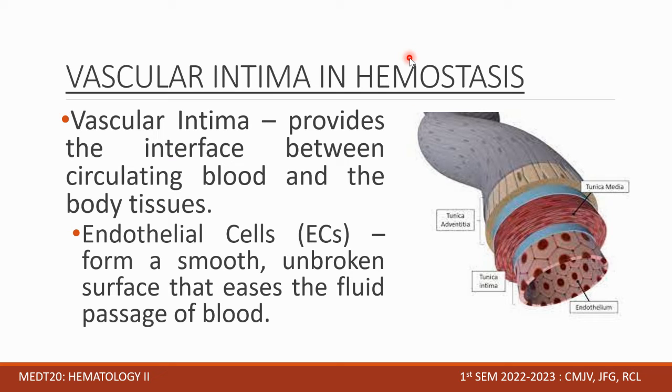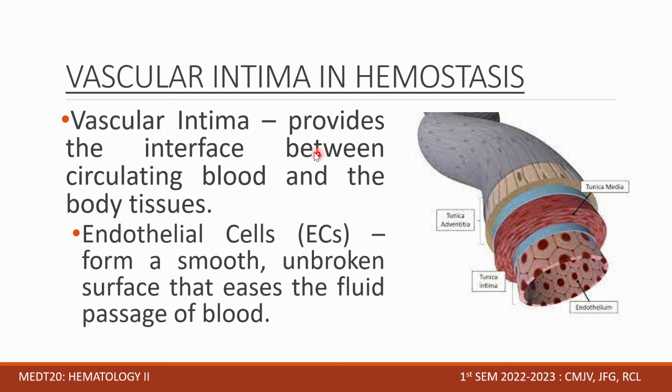So, what is the role of the vascular intima in hemostasis? The vascular intima or the tunica intima is the innermost layer of our blood vessels. Again, on review, we have three layers ng blood vessels: your tunica intima, your tunica media, and your tunica adventitia. Tunica intima is the innermost.